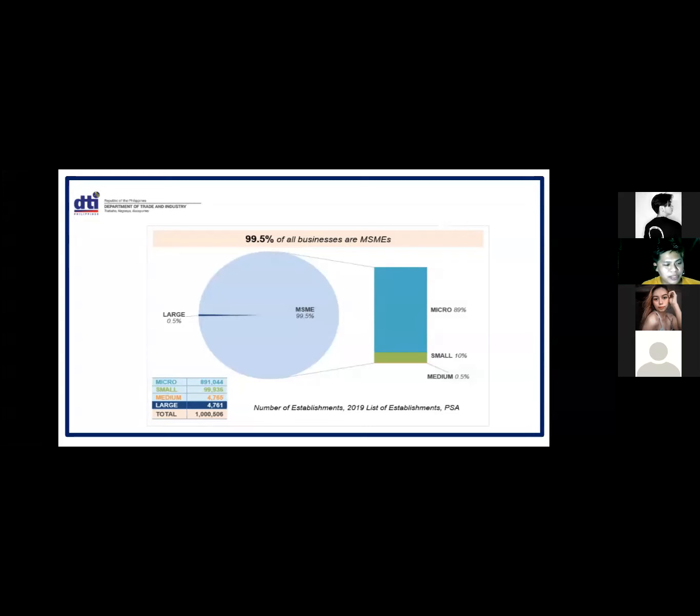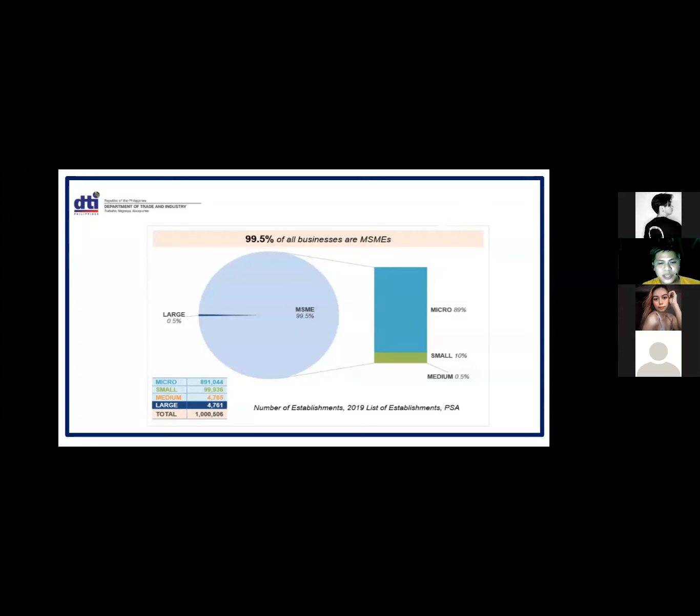Okay? From the 99.5% na nakikita natin sa graph na color blue or blue-green, 89% are the micro enterprises. Okay, so 2019 pa lang yan, not to mention that during the pandemic months, mas lalong dumami ang micro enterprises, since they will do it online.